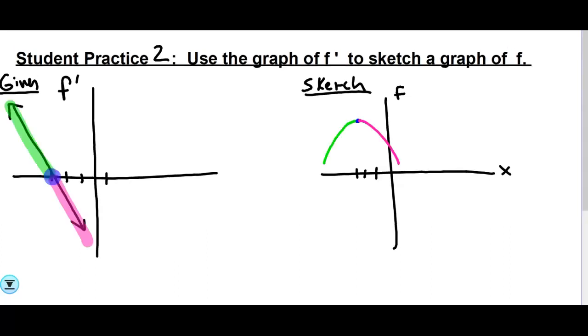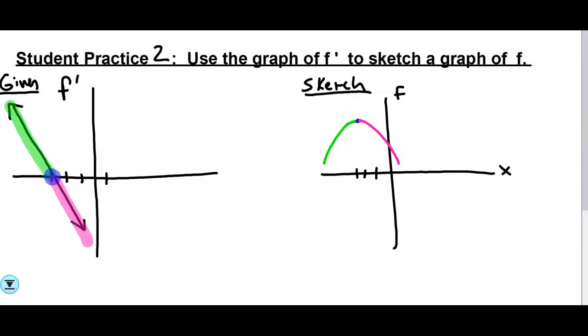All right, once again, the height of your graph does not matter, just the shape and also where the smooth curve top or bottom is located. So, for instance, I see that to the left of negative 3, f prime is positive because it's above the x-axis, which means that for f, to the left of negative 3, it's going to have a positive slope, so it's going in an upward direction.